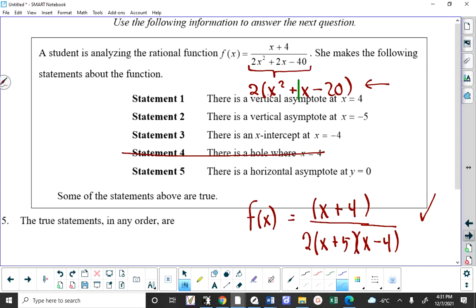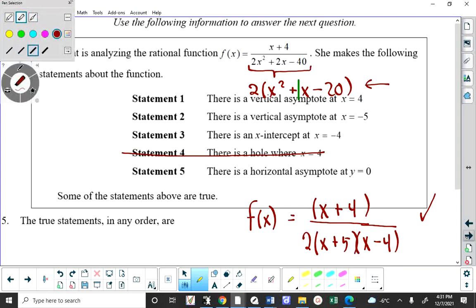Now let's run through the other choices. Is there a vertical asymptote at x equals 4? The answer to that question is a resounding yes, because we have x minus 4 in the denominator and it doesn't cancel. Statement 1 is true. Statement 2, there's a vertical asymptote at x equals 5.